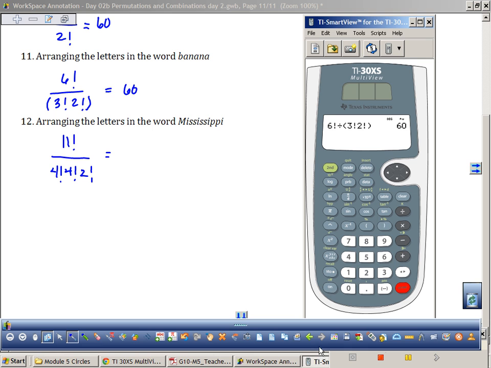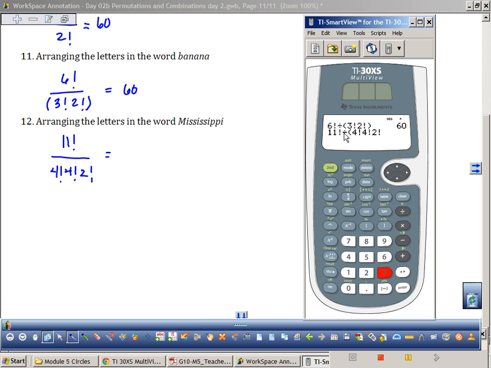Put that in my calculator. 11 factorial divided by parentheses 4 factorial, another 4 factorial, and a 2 factorial.